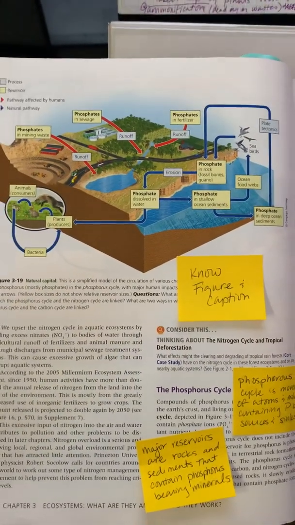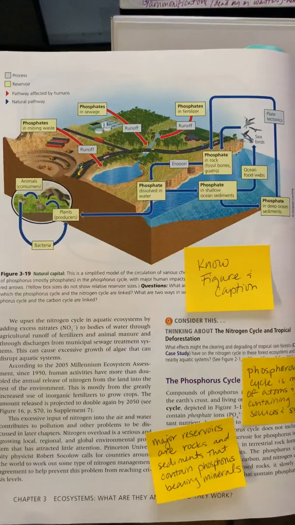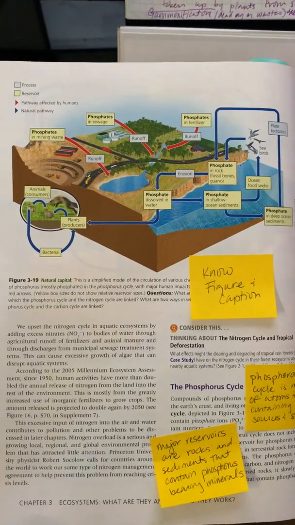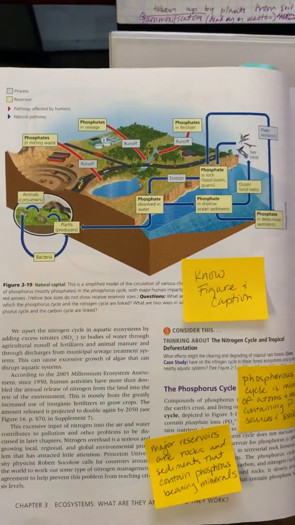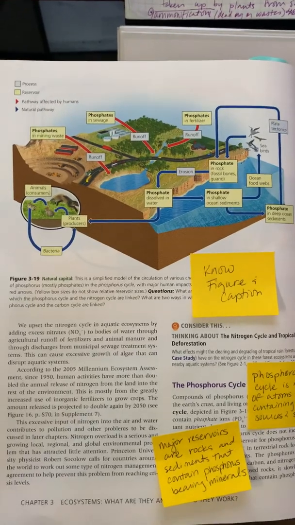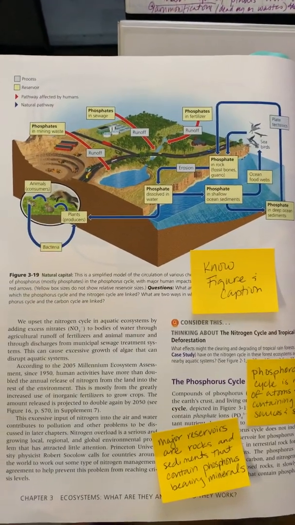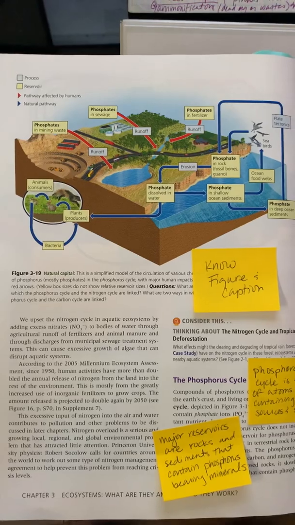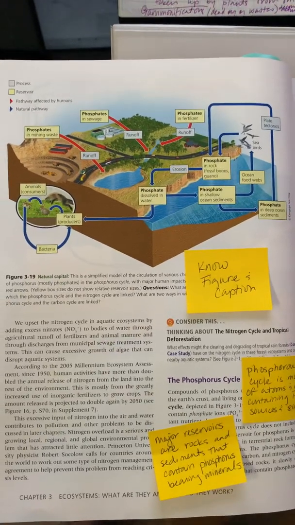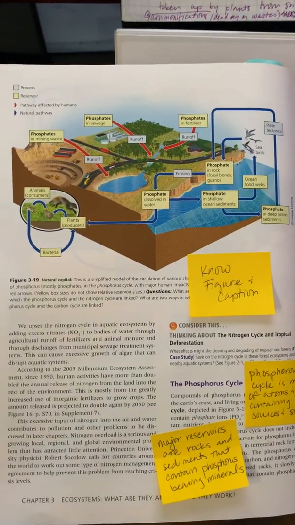Remember that because this phosphorus can be locked up in the form of rock until it's released by weathering and erosion, it can act as something called a limiting factor, meaning that because it's available in limited amounts, it can keep a population from growing.